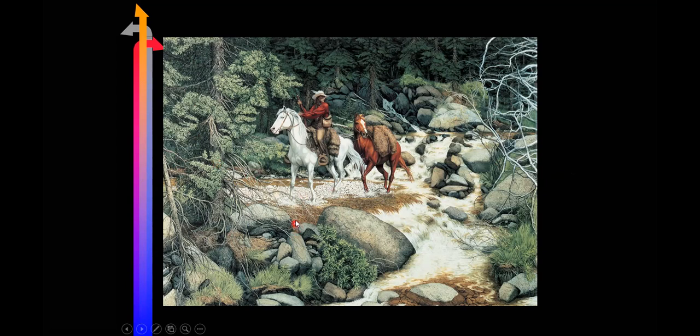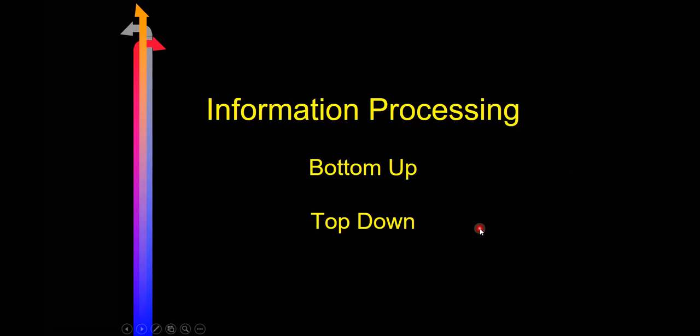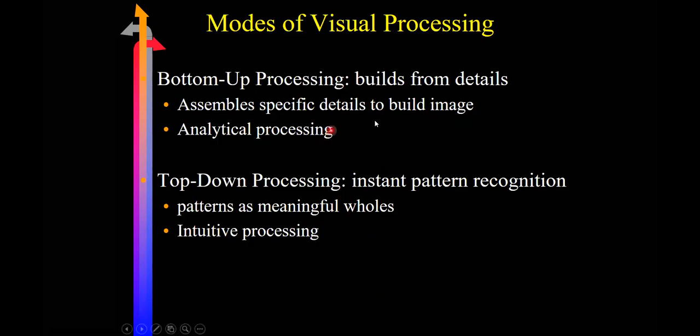And so what we're doing here is a different type of processing that is known as bottom-up processing. So we're building up that image by putting together details. We're assembling specific details to build that image sort of like from the foundation up, if you will, from those details.